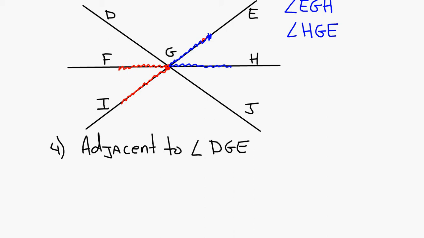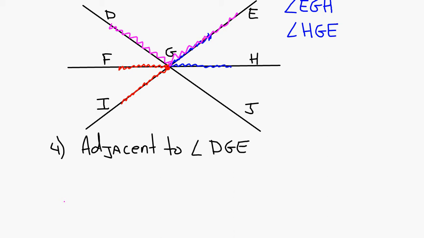Adjacent means next to. So find DGE first, which is right here. It's that purple angle. It's got a bunch of angles next to it, doesn't it? Does everybody see that?